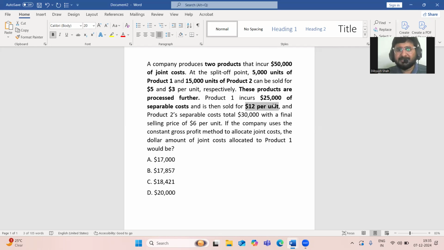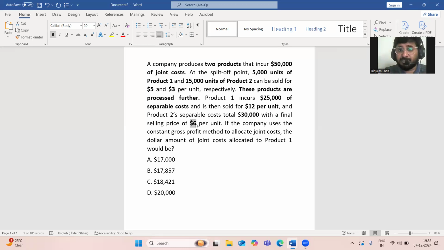Product 2, separable cost, that is further processing cost, is $30,000 and final selling price is $6. If the company uses the constant gross profit method to allocate joint cost, what is the dollar amount? Means total dollar amount of joint cost that is allocated to product 1.